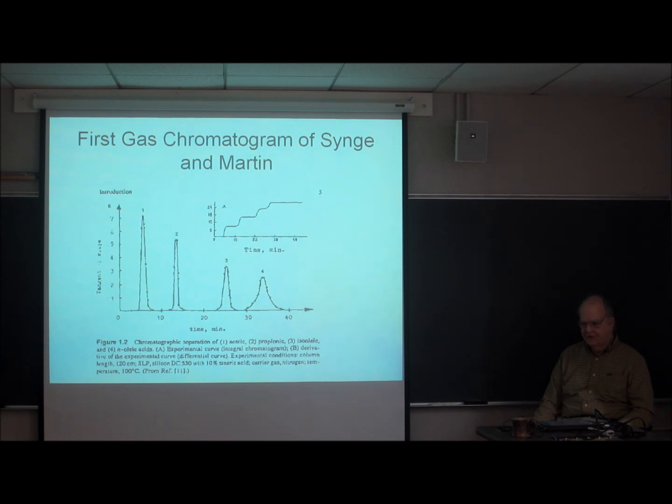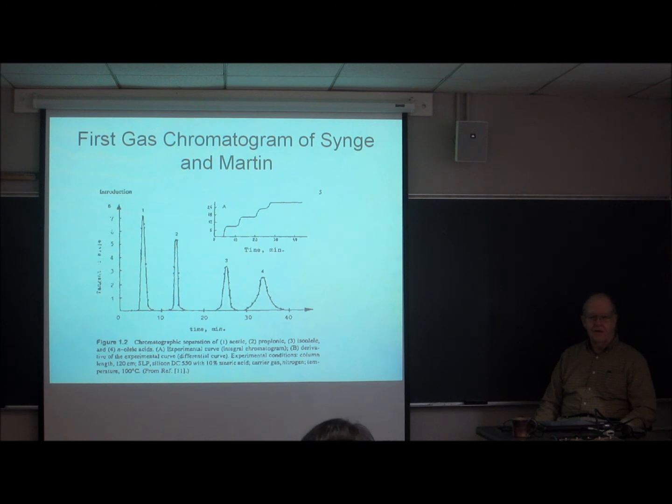And of course, the detectors we use in chromatography are not necessarily the same as the detectors we use in other fields of analytical chemistry. So that's the way things are going to go. We're going to be talking about different kinds of chromatography for the next several weeks.